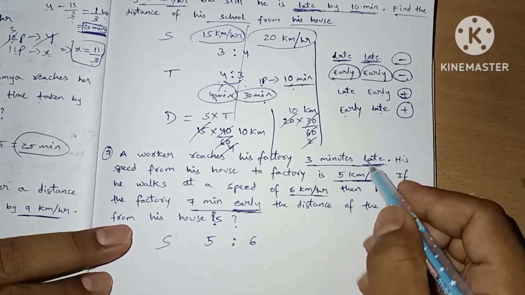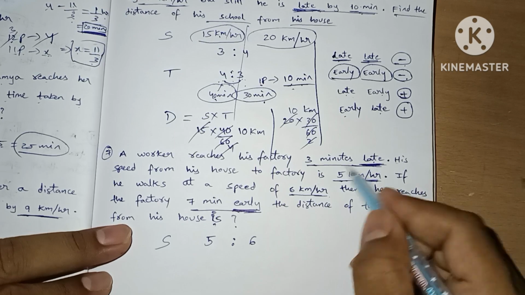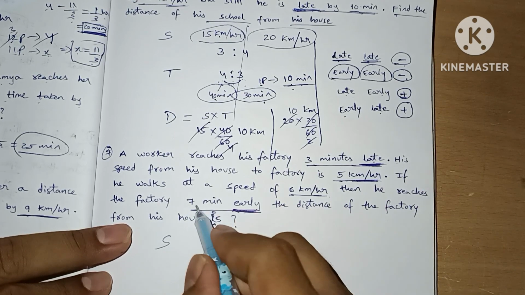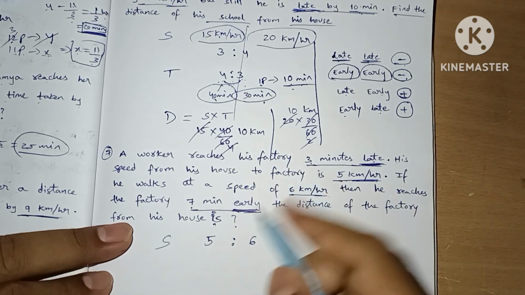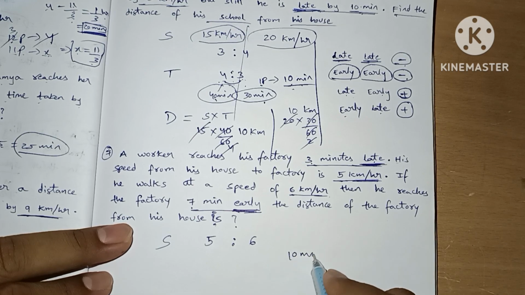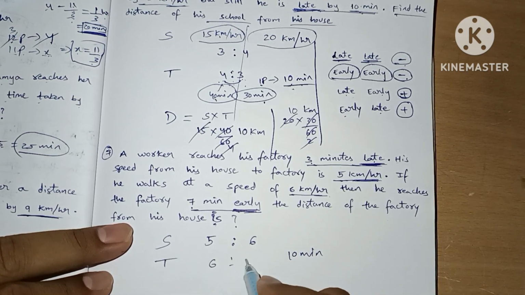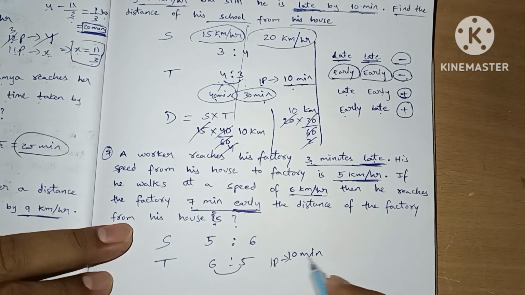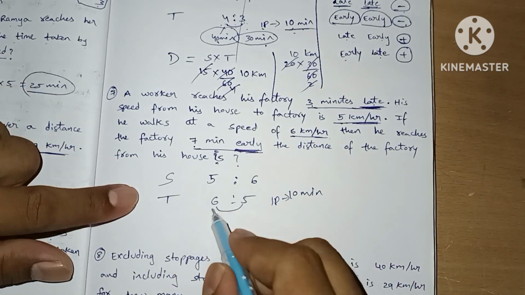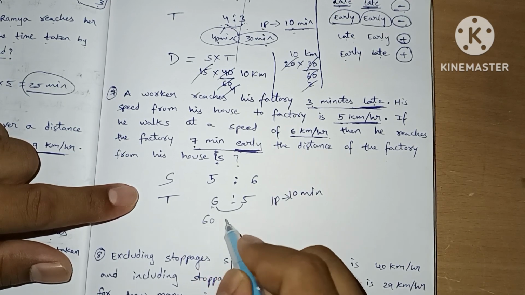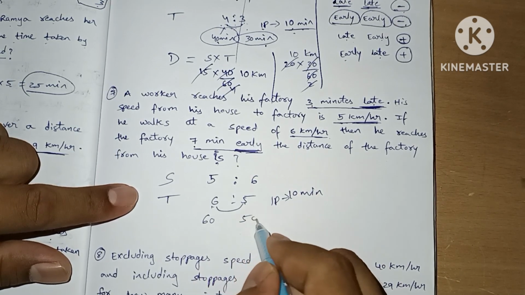Here we have early and here we have late, so these are opposite, so we add the times. 7 plus 3, 10 minutes. The time difference is 10 minutes, and the time ratio is 6 is to 5. The difference between these two is one part, so one part value is 10 minutes, which means 6 parts value will be 60 minutes and 5 parts value will be 50 minutes.